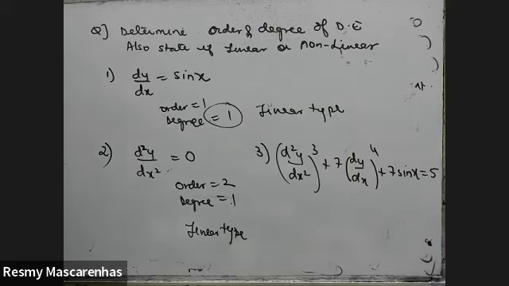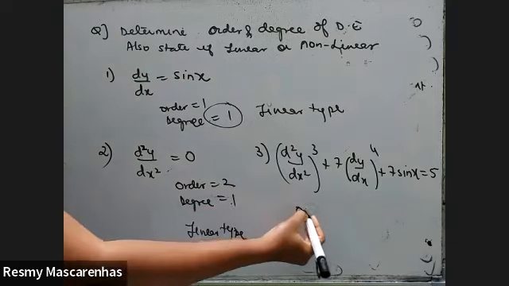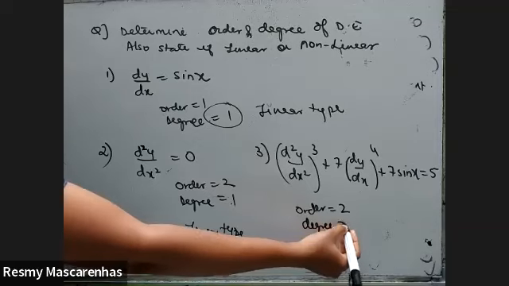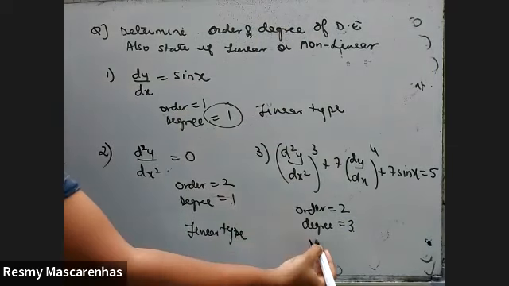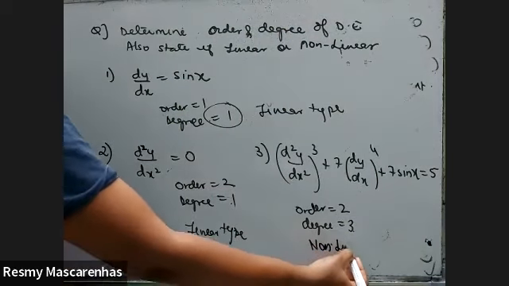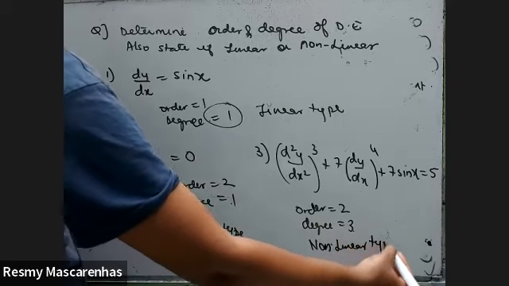Ma'am, order is 2 and degree is 3. Yeah. You have attended no previous classes? Have you gone through the recording? Yes, ma'am. Okay. So order is 2, degree will be 3. And it will be now non-linear type.